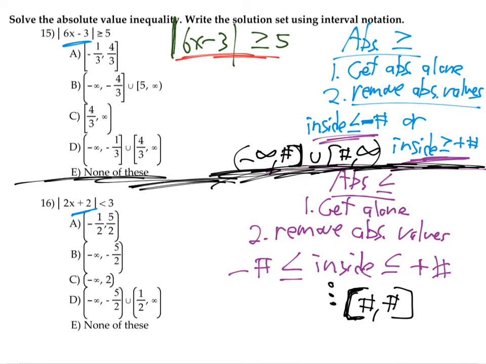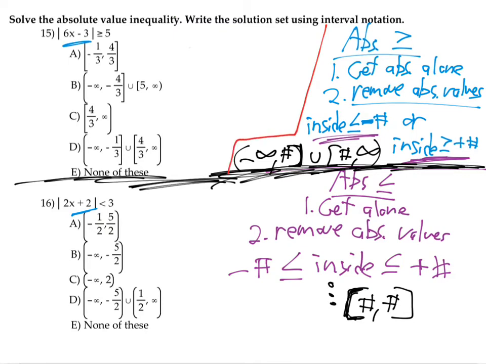So absolute value greater. I'm going to try to do it right here where I have room. Absolute value greater, what are we going to do? We take the inside and we say less than or equal to -5, or the inside greater than or equal to the positive.